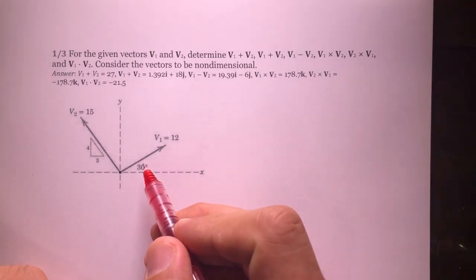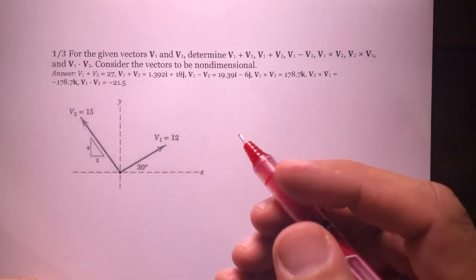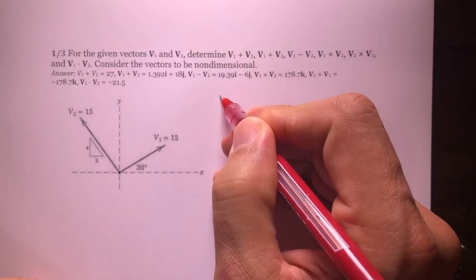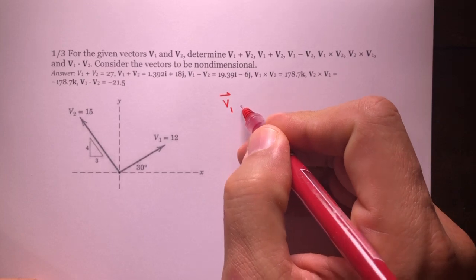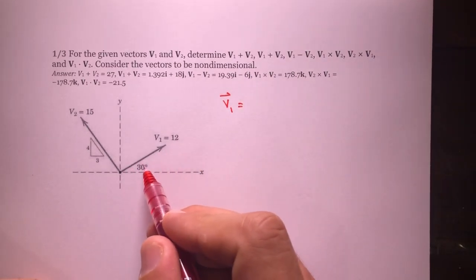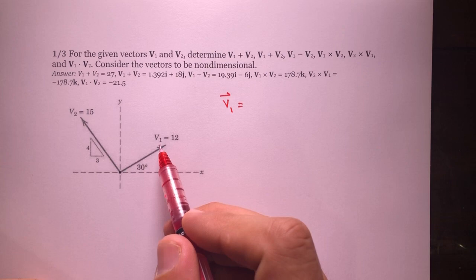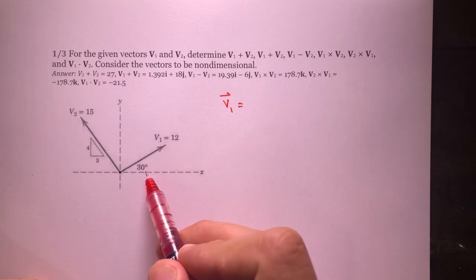So to calculate all of these, probably the best strategy is writing both of these as vectors, then add them together, subtract them, do dot product or cross product. So v1 is going to be equal to the x component of this vector is going to be 12 times cosine of 30, and the y component of it is going to be 12 times sine of 30.